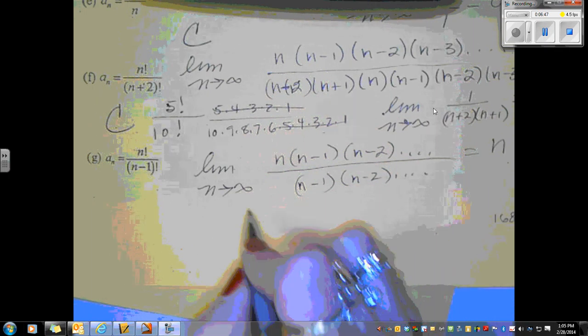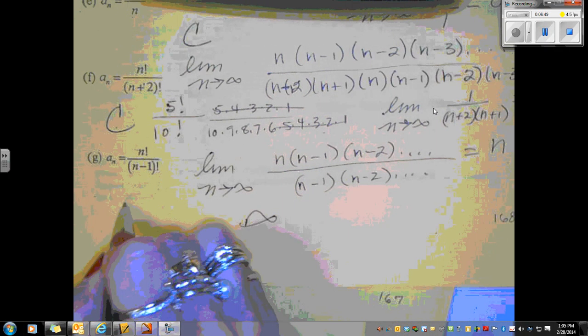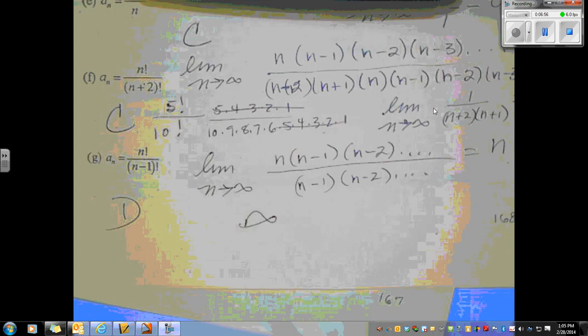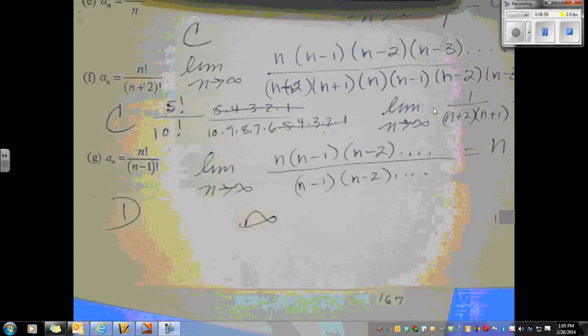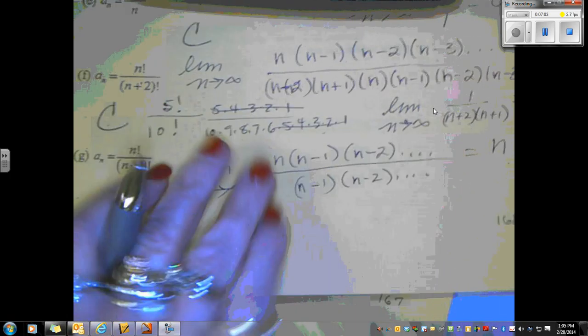N. So what does this thing go to? Infinity. So we have diverges. Okay? Does that make sense? Marvin, Ethan, people in that row I can't see. Yes, makes sense or no? Okay. All right, so then you should be able to do the little homework page that went with this.